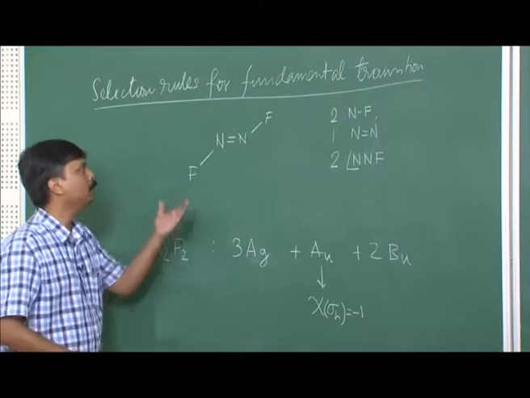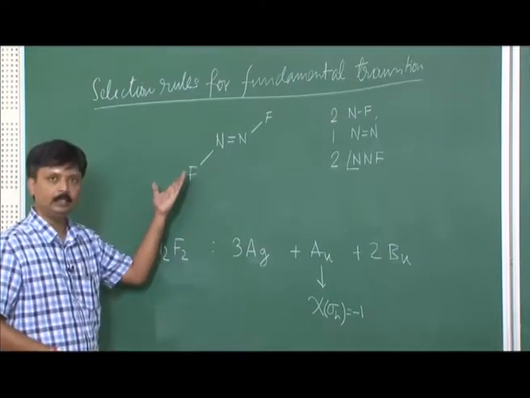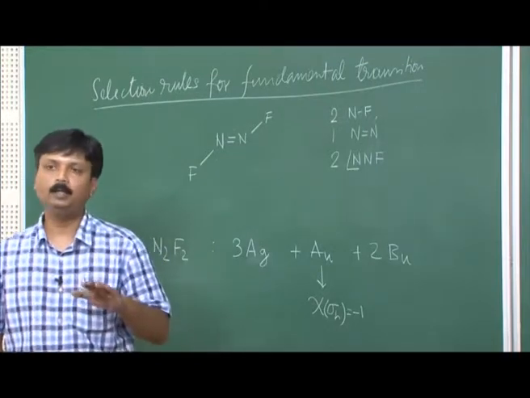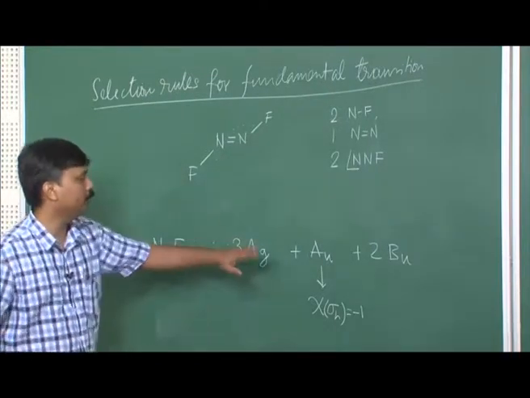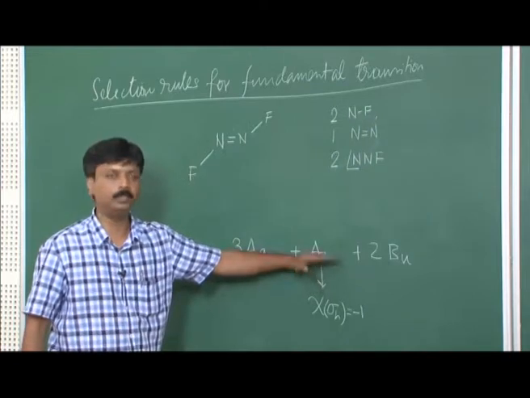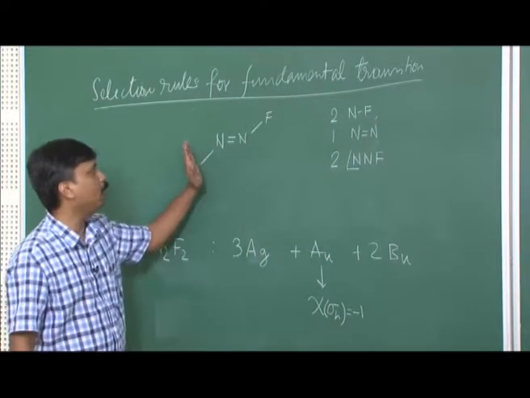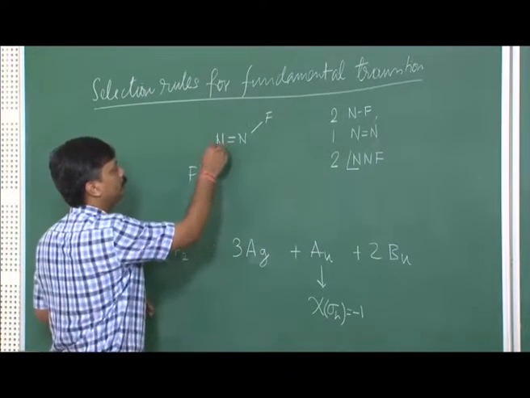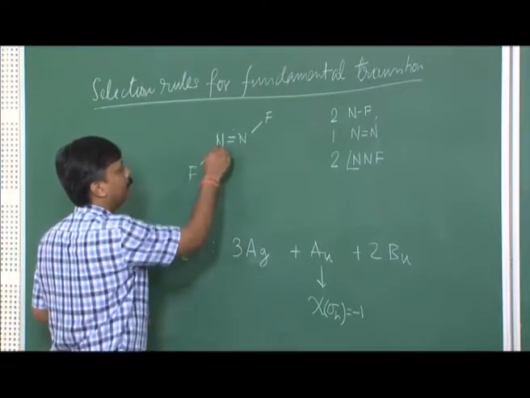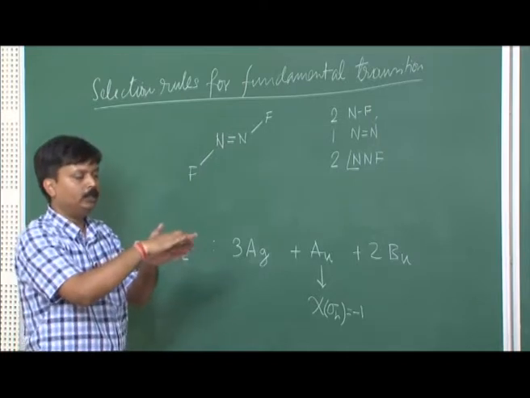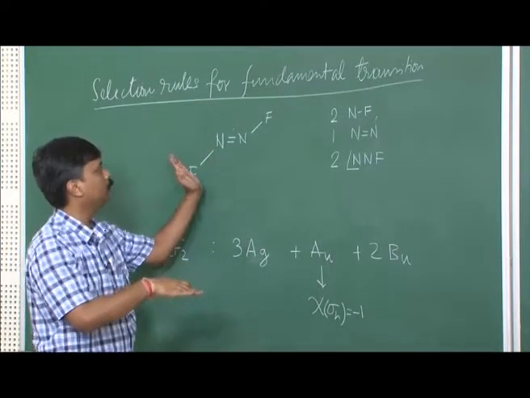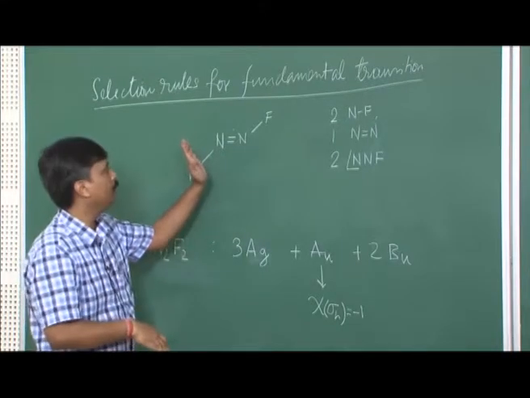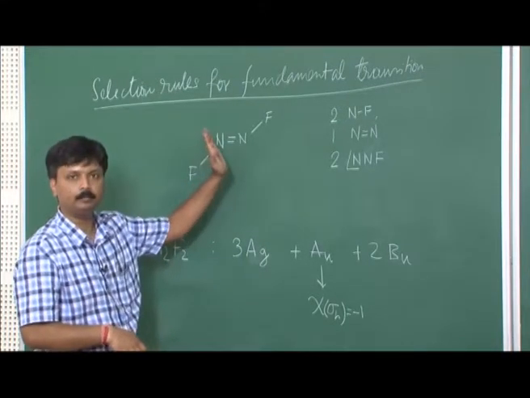Why bending? Because if the bond stretching goes in the same direction, it will still remain planar, but in this particular case of the Au irreducible representation, it will clearly be out of the plane. So, this angle, which was in the plane, after this movement of the F out of the plane, creates an angle here, okay.